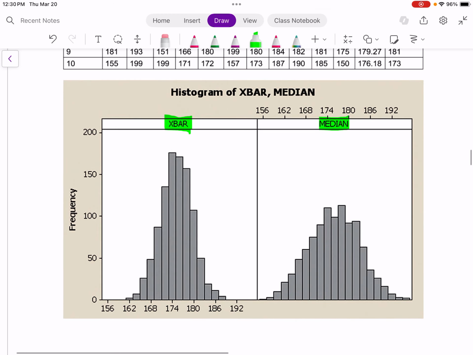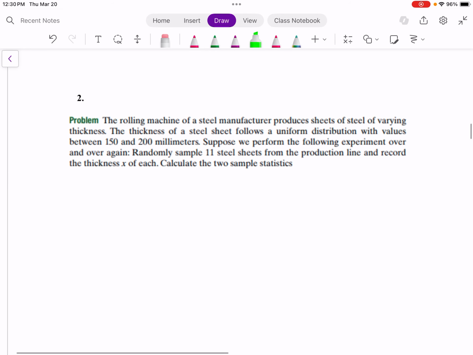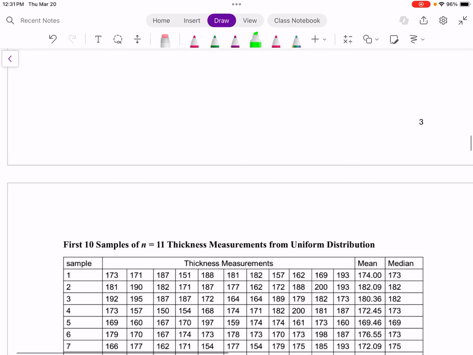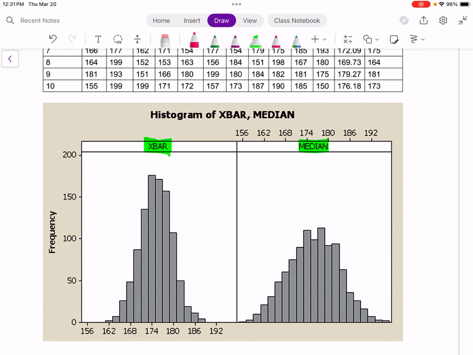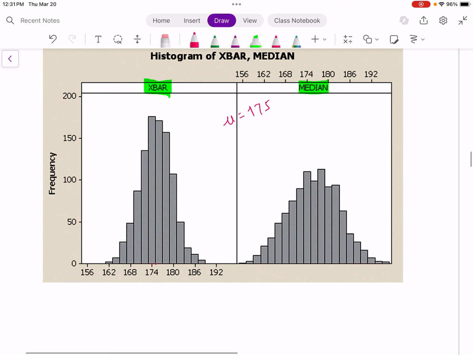Okay, let me check if we have a mu here or not. Okay, mu is 175. That's given to us. So this is our mu, somewhere here.